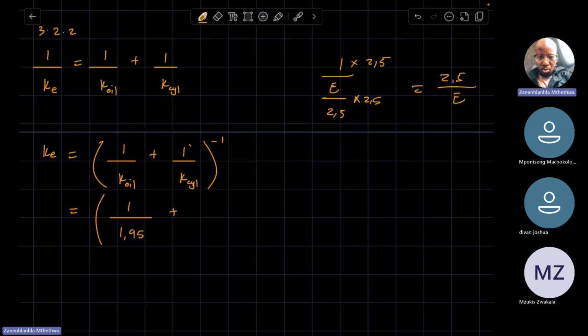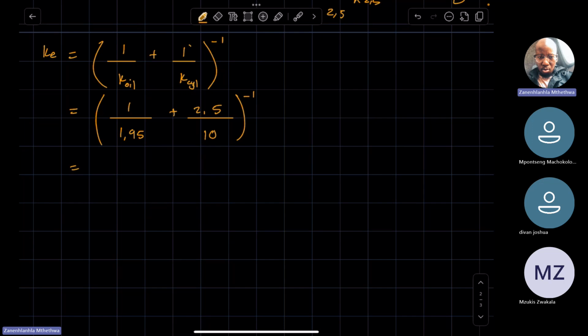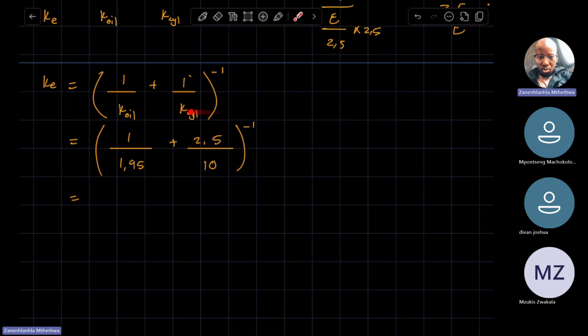Essentially here you will have 2,5 divided by E, which is equal to 10 gigapascals. So this is 10. Now when you calculate all of this, what do you get in your calculators?